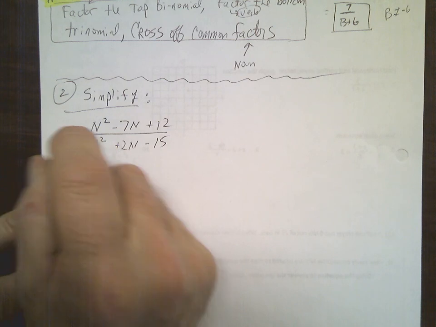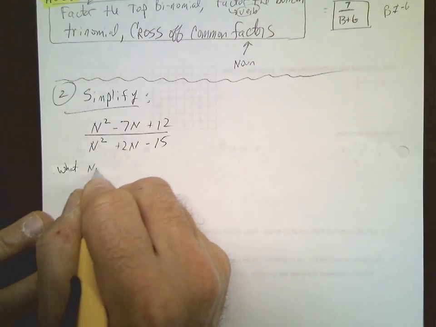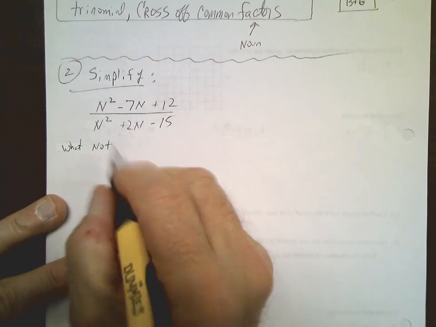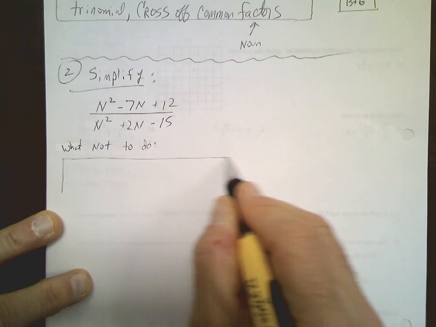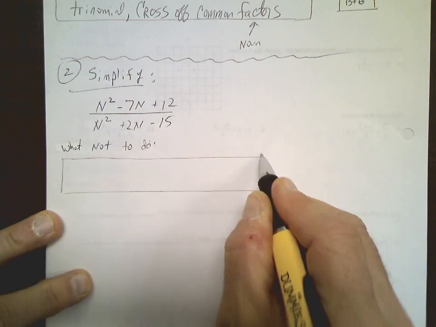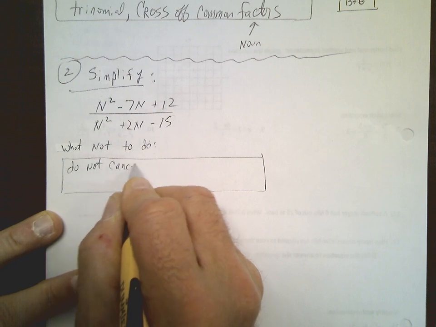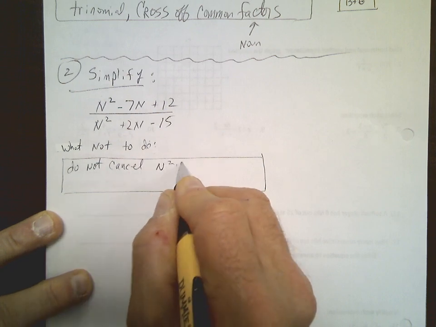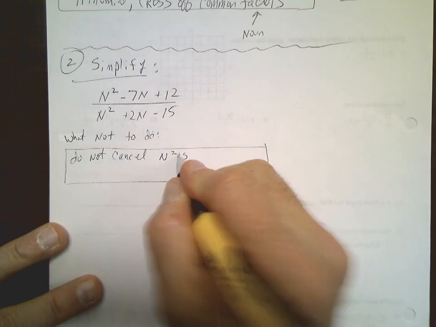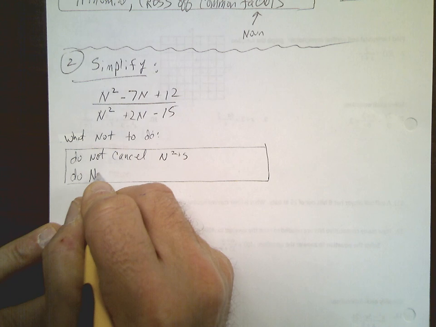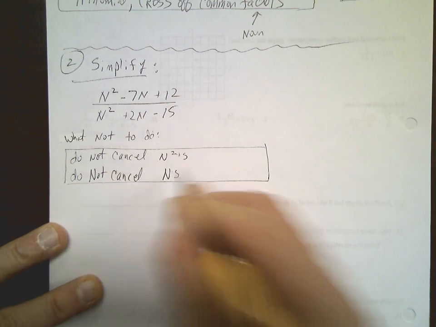Actually, this is going to be what not to do. Do not cancel n squareds. Do not cancel n's.